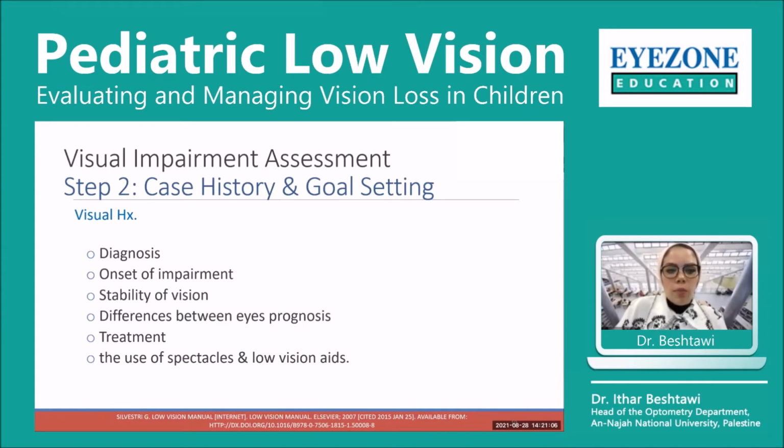You can ask them also about the stability of their child's vision, to describe what they can see and what they don't see, if there's any difference between the two eyes and if one eye is better than the other or not. If they are using any treatment, if they used it in the past, or if there is any current or future treatment they are thinking of, and if the child is using any spectacles or low vision aid.